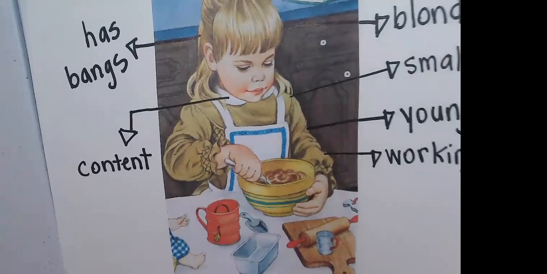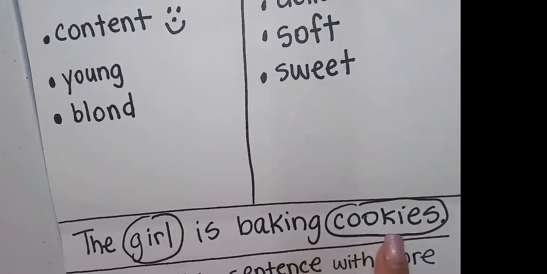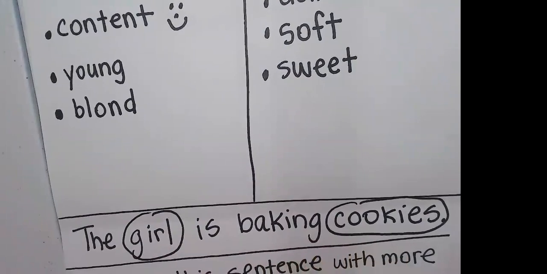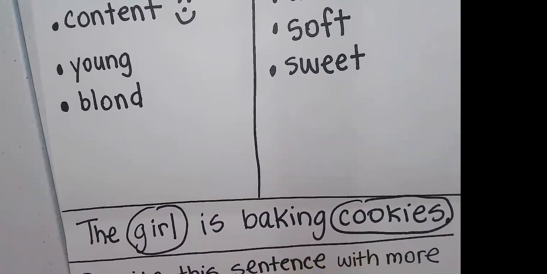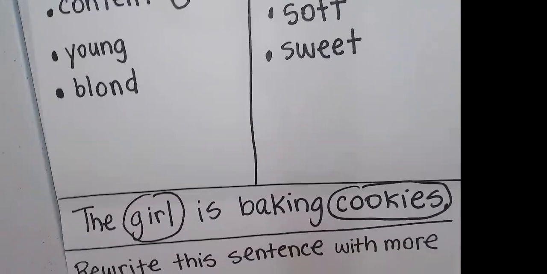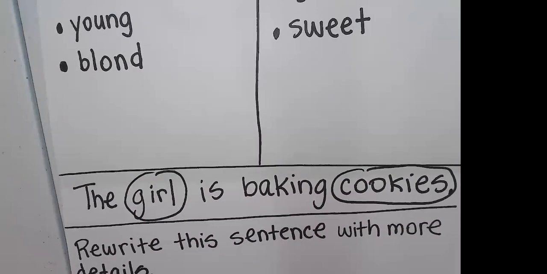Pause this video whenever you want and go ahead and make this boring sentence a little more interesting by adding some more details, okay? And remember, you don't want to make it super long. Adding a few words would be perfect.